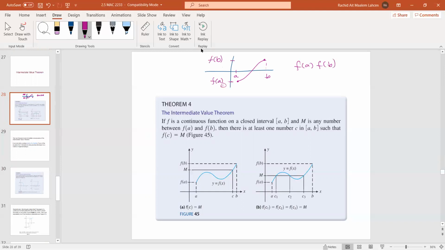Look what happens if you do f of a times f of b. This is negative, this is positive. Whatever the numbers are, negative times positive is negative. So if you multiply f of a times f of b, you get a negative number, which is less than 0.